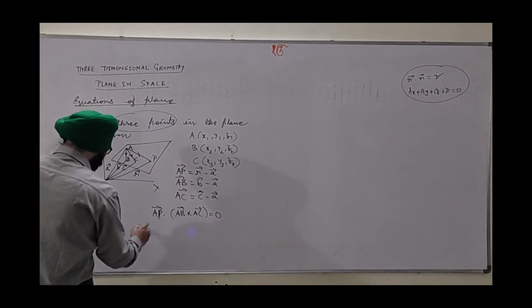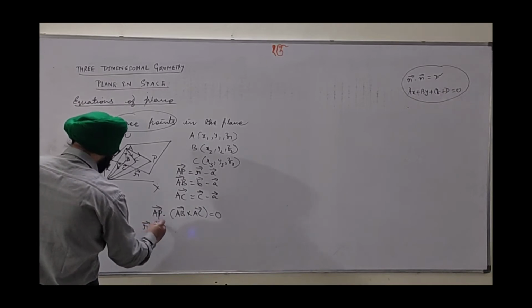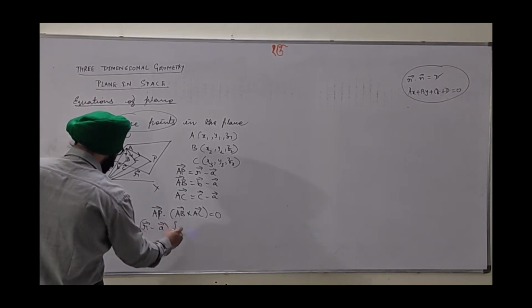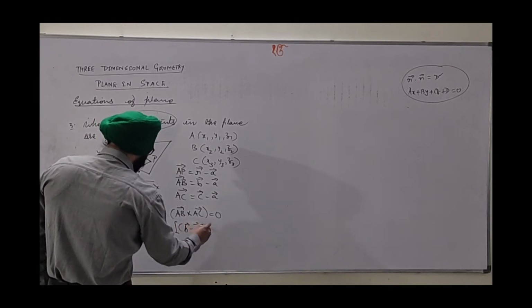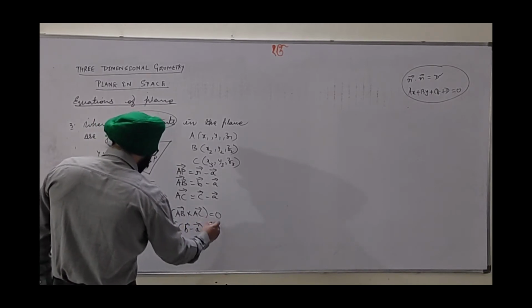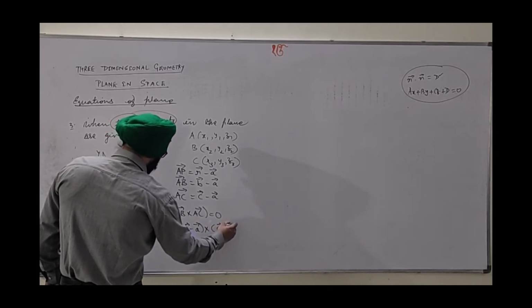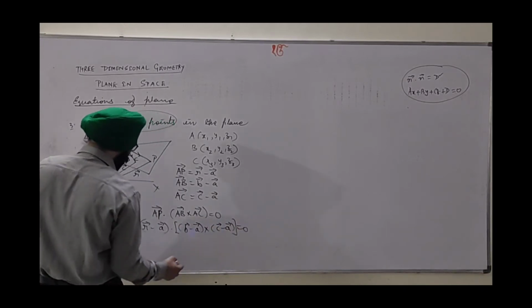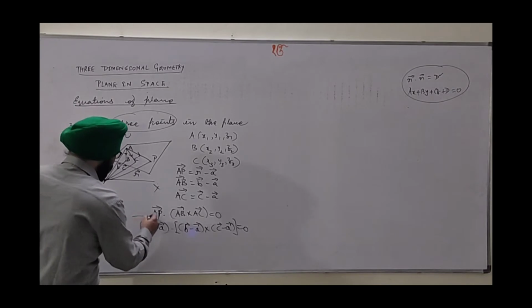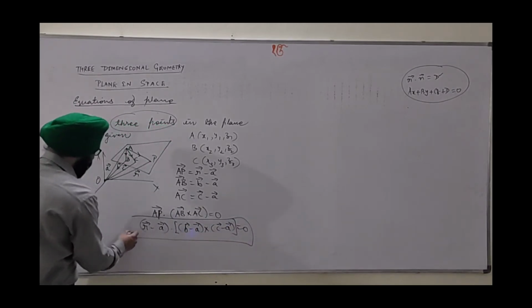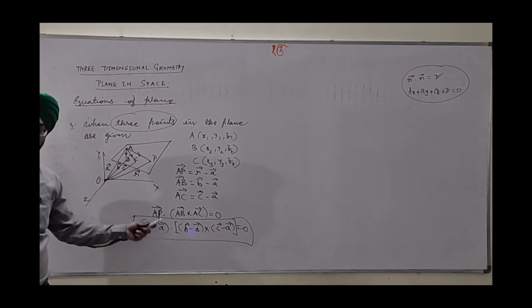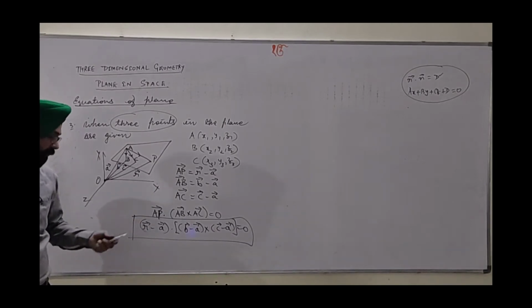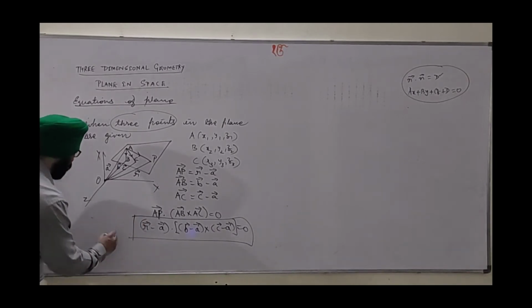AP becomes R minus A, dot AB, which is B minus A, cross AC, which is C minus A, equal to 0. And this relation in scalar triple product form is known as the vector equation of the plane in the given condition. This is the vector equation.